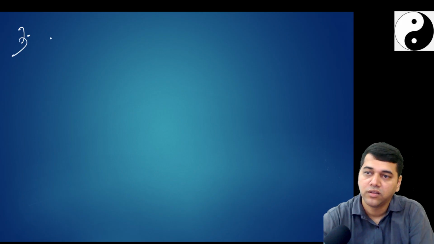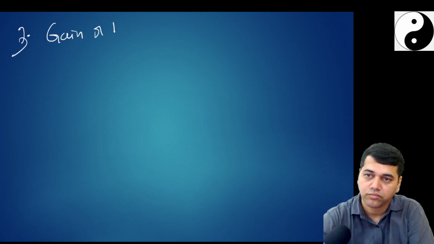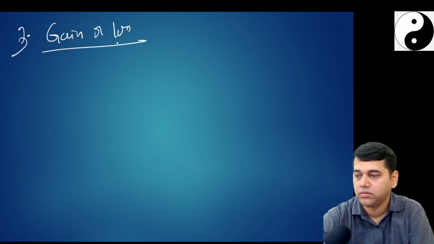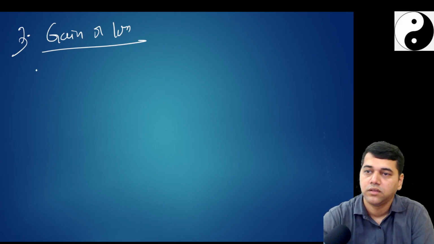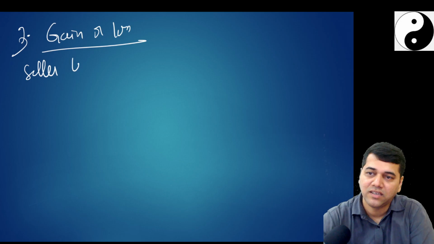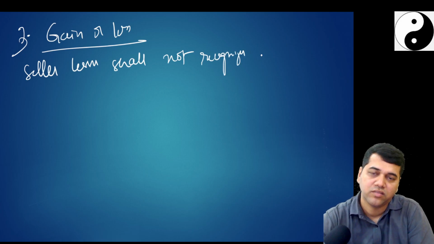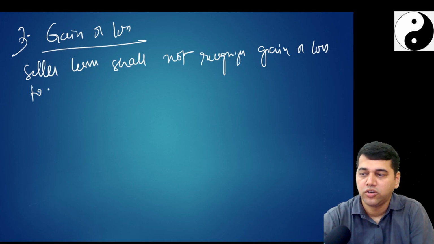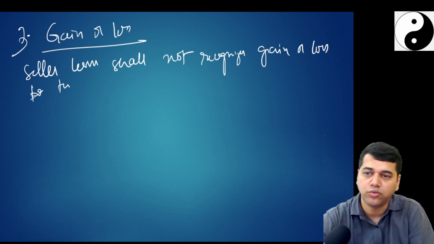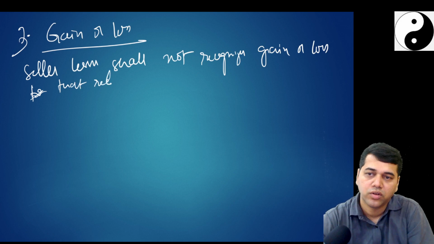Next, third, gain or loss. Seller, lessee shall not recognize gain or loss that relates to the ROU.